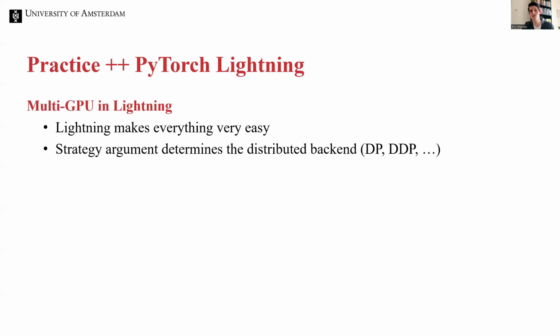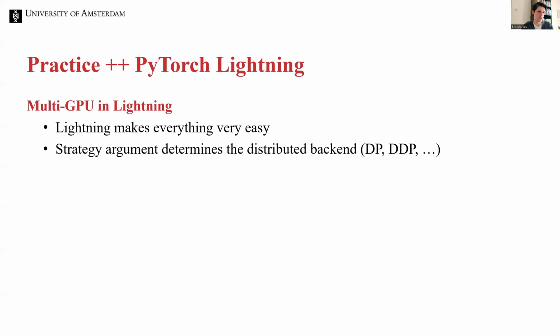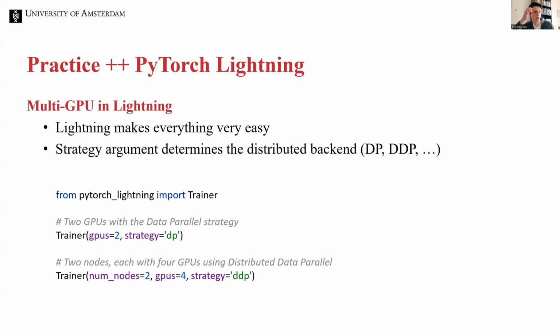So multi-GPU in Lightning is incredibly easy. That's the good news. It implements all of these backends that we just talked about: the data parallel backend, the distributed data parallel, and also more. And it's all determined by a so-called strategy argument.